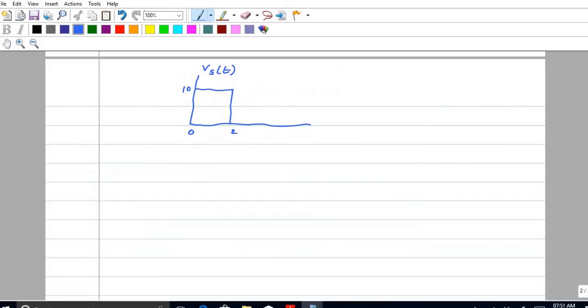So I am mathematically representing Vs of t something like this. It's the difference between 10 u of t and 10 u of t minus 2. We know from the fundamentals of signals and systems, if you take the derivative of u of t, you will get an impulse.